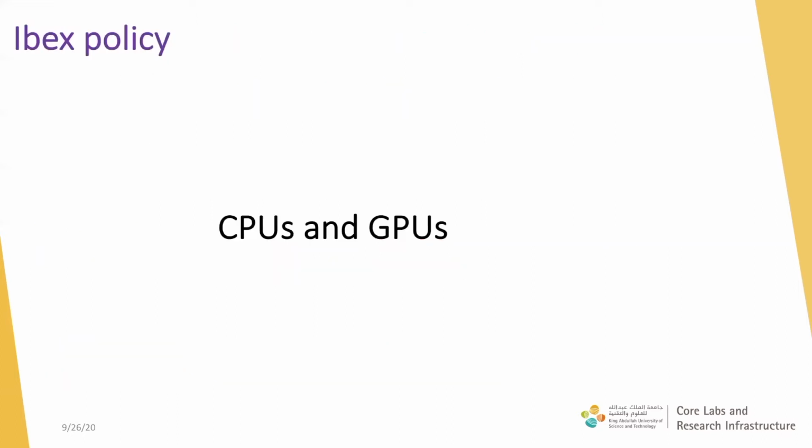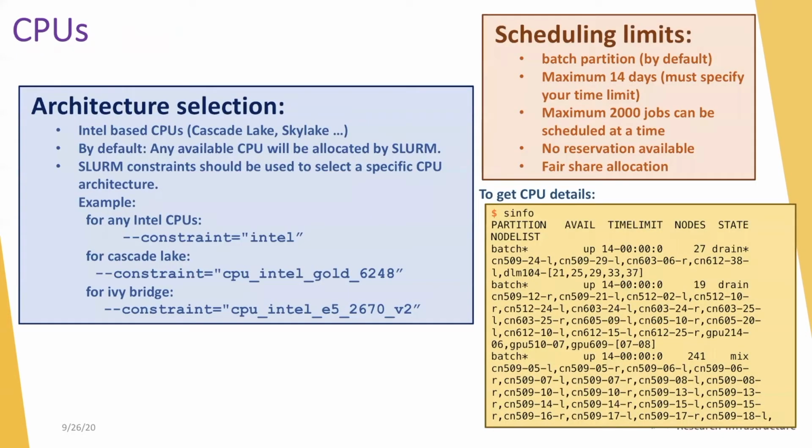Then let us talk about CPU and GPU policies in general. As we know, the CPU nodes are based on various architectures. For example, Cascade Lake and Skylake are some examples of CPU architectures.